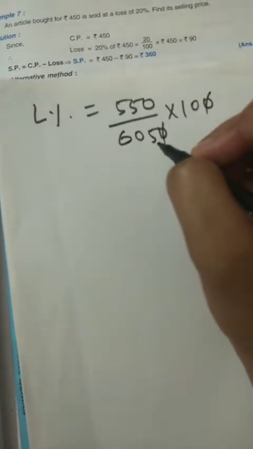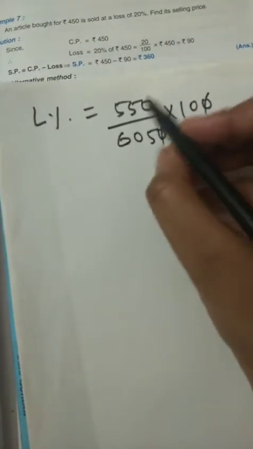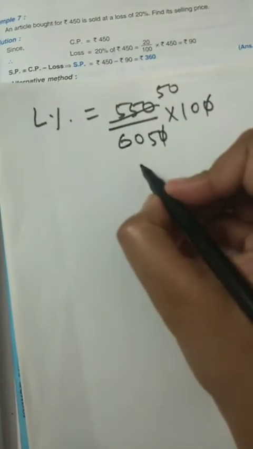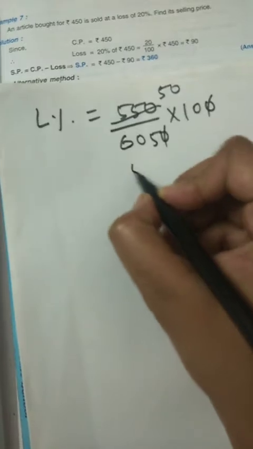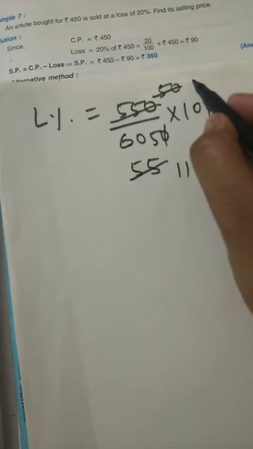We just cancel this. 11 fives are 55, and 11 times 55 will be 11, and this will be 10.